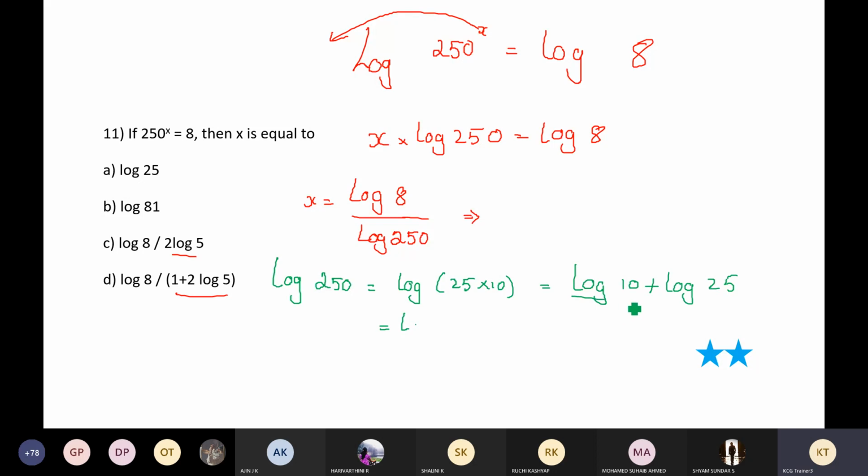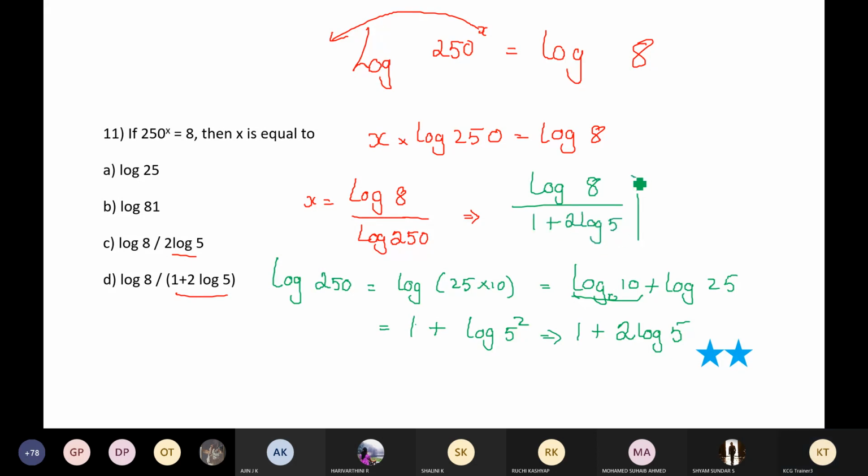So what is log of 10? This one's value is 1 because log 10 to the base 10 is 1. 1 plus this is log of 5 square. Okay, and then I can write it as 1 plus 2 log 5. So this becomes log 8 divided by 1 plus 2 log 5. The answer is option D.